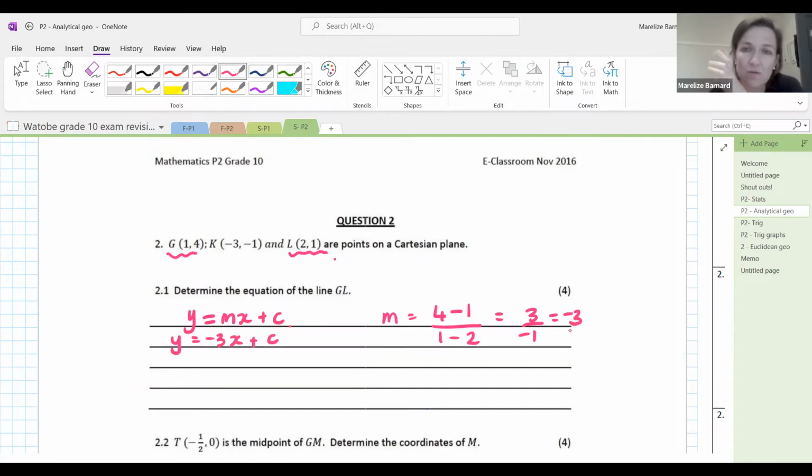Now we have to solve for c. So what is our plan here? How will we figure out what c is? Does anyone know? You can pop it in the chat if you know. What will be our next step to solve for c? As we work on finding the equation of this line.